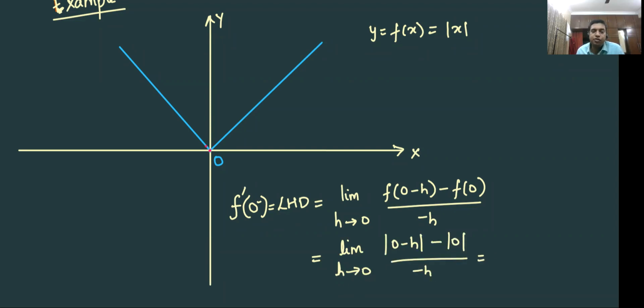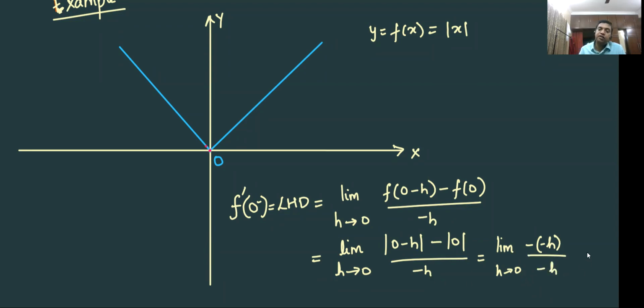Now h is a positive quantity. h is just a distance, that's right. 0 minus h and 0 plus h, right? So this minus h is a negative quantity, and modulus of a negative number is minus of that number, because modulus will always have to be positive. And this is 0. Modulus of 0 is 0 divided by minus h.